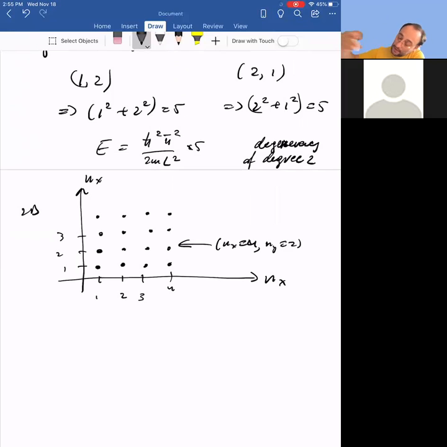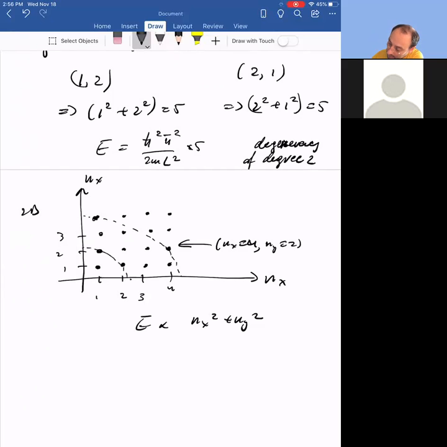Since energy is proportional to nx squared plus ny squared, this is like a radius, right? So you can have a situation where more than one point lies on the surface of constant energy. That's how you can represent the degeneracy.